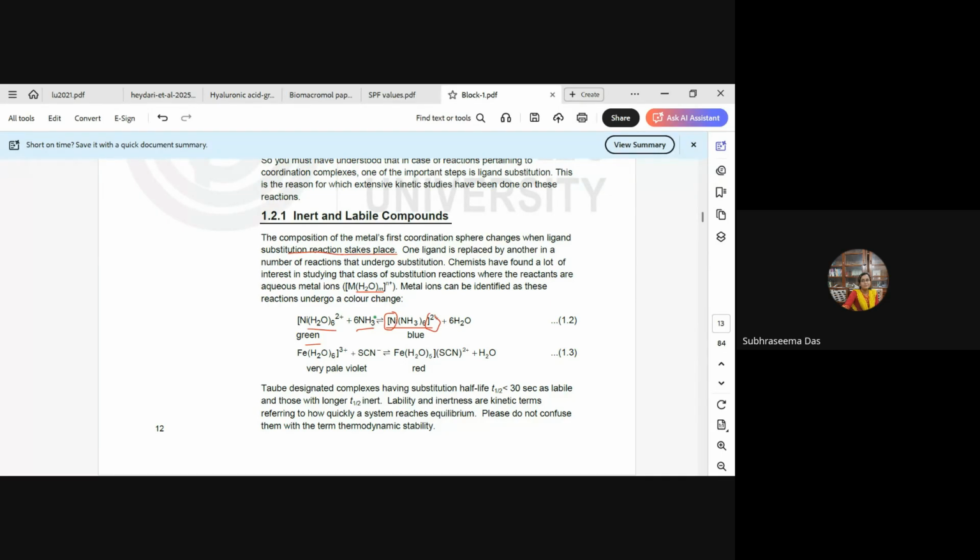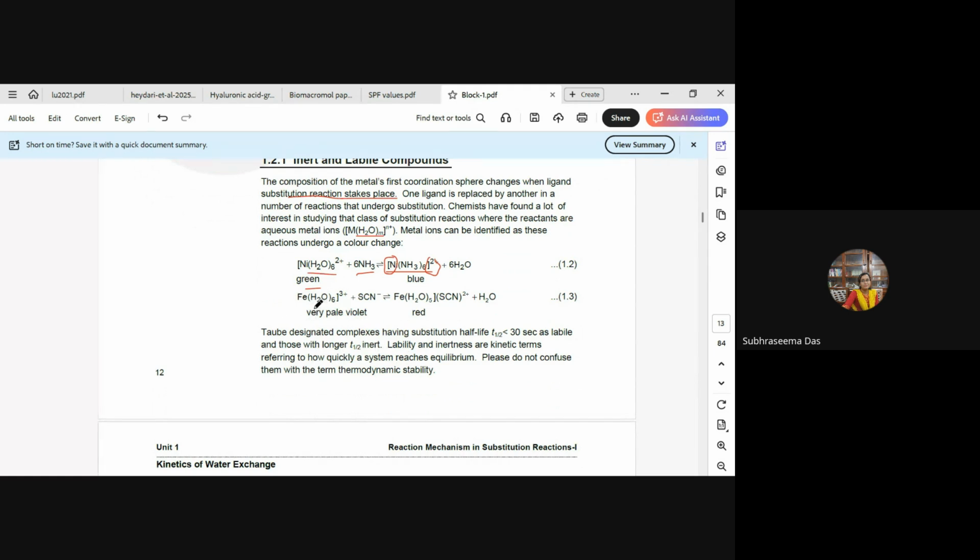Previously it was hexaaqua nickel, now it is hexaammine nickel. So you see the ligands present in the coordination sphere get replaced. That is why it has been mentioned that the metal's first coordination sphere changes. If you look into the second example, this is Fe(H2O)6, that is hexaaqua ferrous.